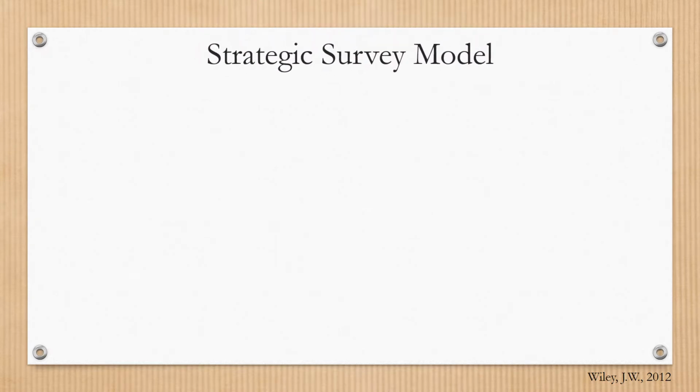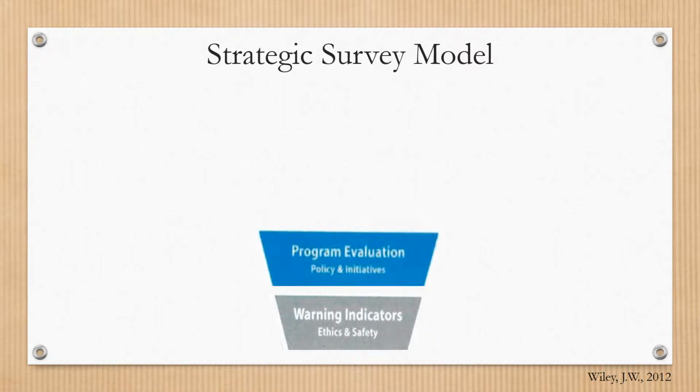The strategic survey model, according to Wiley, illustrates the 4 fundamental reasons why organizations should conduct surveys. The base of the model is to identify warning signs or trouble within an organization, such as safety or ethical issues. Next is program evaluation, which evaluates the effectiveness of programs, policies, and initiatives such as diversity and inclusion.